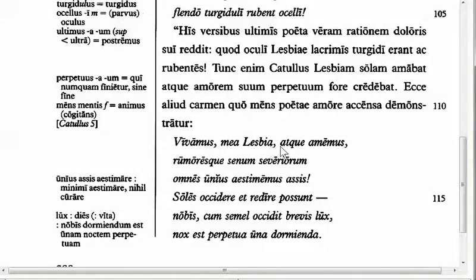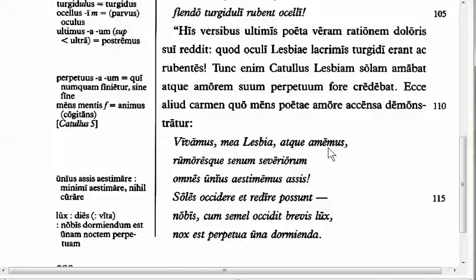These two vowels would blend together, so you get Lesbiatque. And the que amemus, we've got two vowels here, and so instead of que amemus, we would have quamemus. So Lesbiatquamemus.